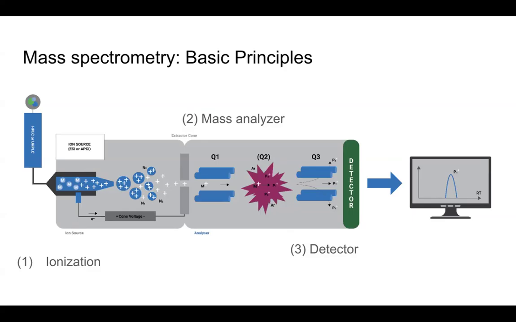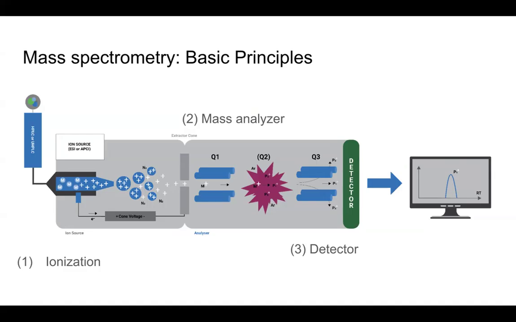The first one would be electrospray ionization. So this produces charged droplets that evaporate, leaving charged analyte ions. So electrospray ionization, or ESI, is ideal for large biomolecules like proteins and peptides. And the good thing about it is it works at atmospheric pressure. So you don't really have to control pressure too much.